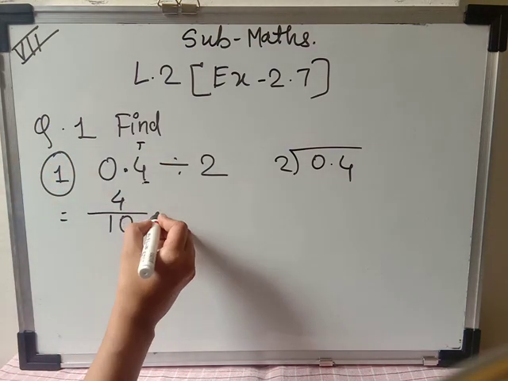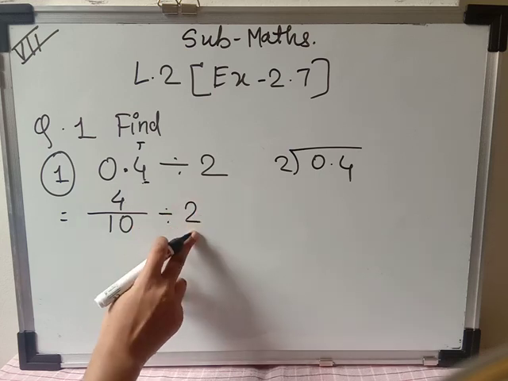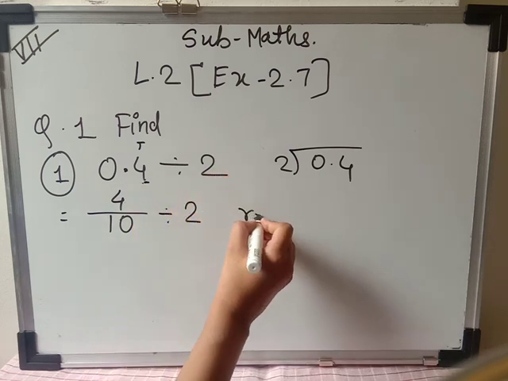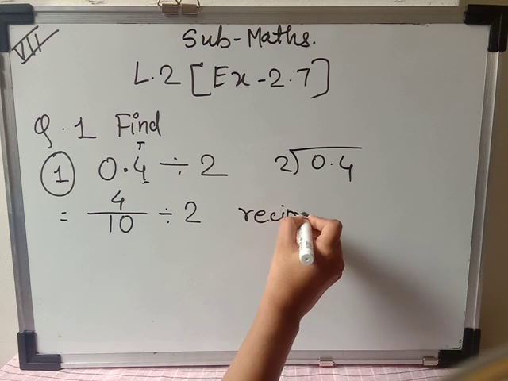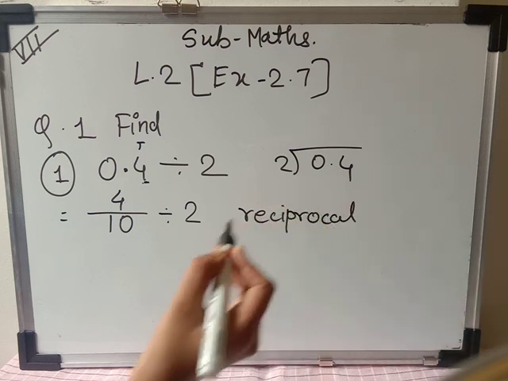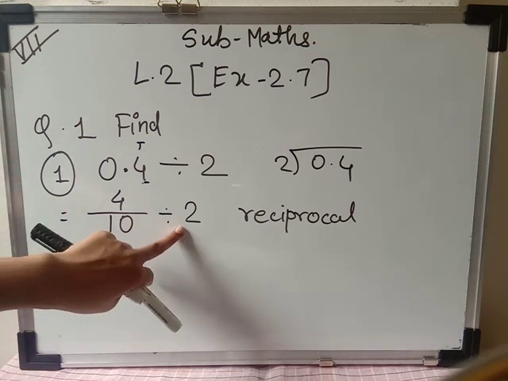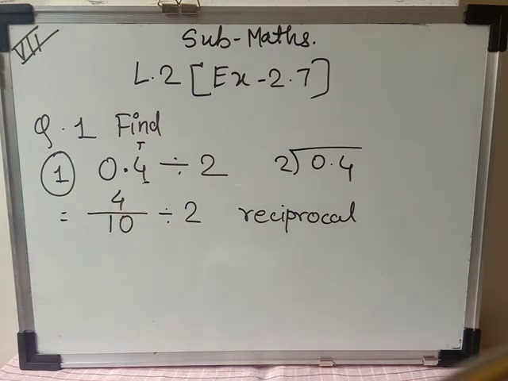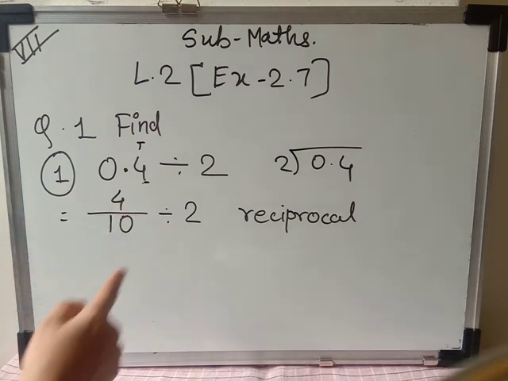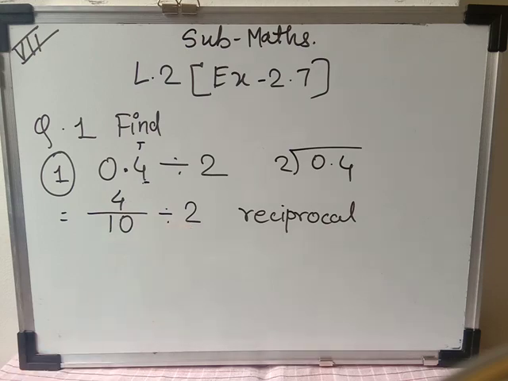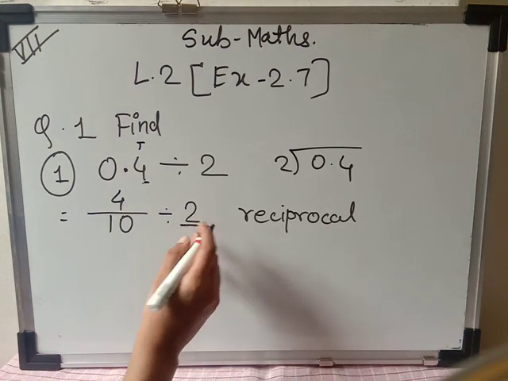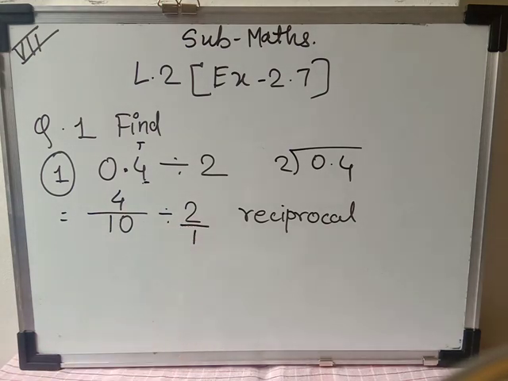So here now we have to take the other number, that is 2. Now we have to take the reciprocal. In the reciprocal what we do is interchange the denominator and numerator. यहाँ पे denominator है वो numerator बन जाता है और numerator denominator बन जाता है. But here a whole number is there. Whenever you write a whole number in fraction form, the whole number takes the place of the numerator and nothing is there, it means the denominator is 1.